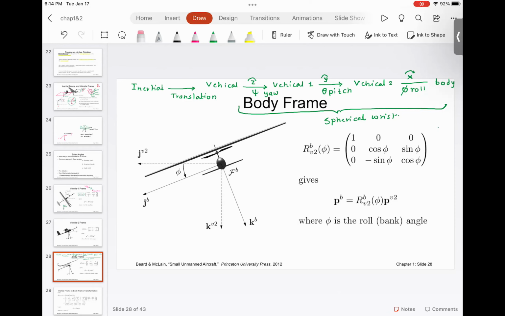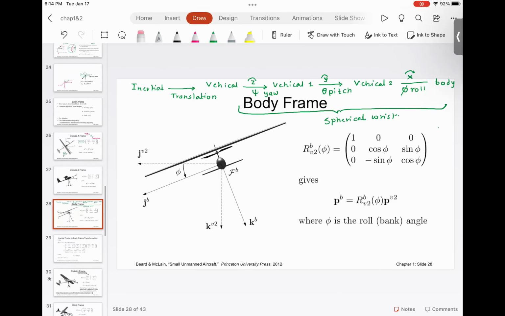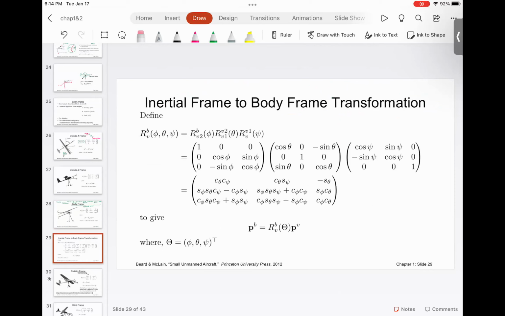When you combine these three angles together, you get this final direction cosine matrix that gives you the relationship between the initial vehicle frame, all the way to the body frame. I will derive this rotation matrix towards the end. You have the first, second, and third rotation matrices. Once you multiply these, you get this combined rotation matrix.